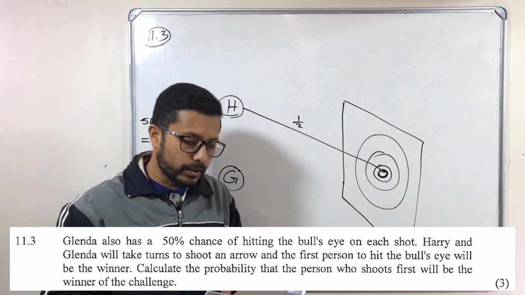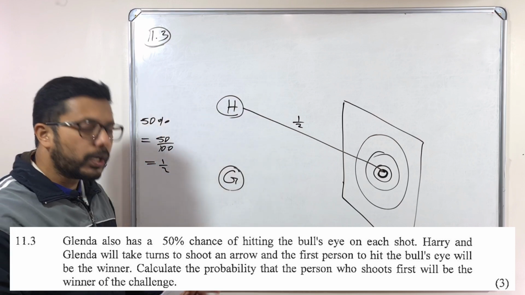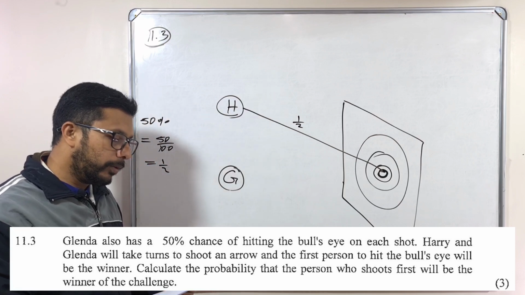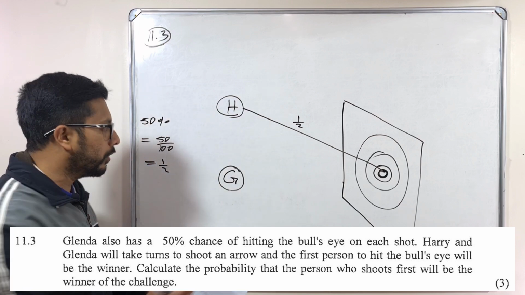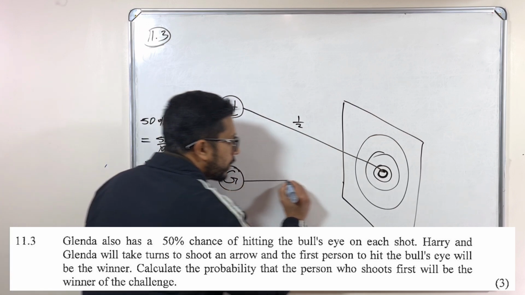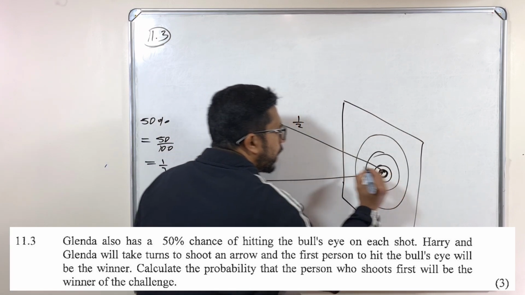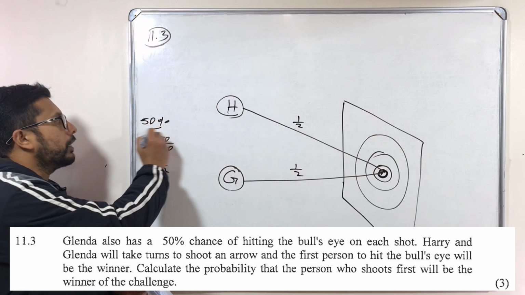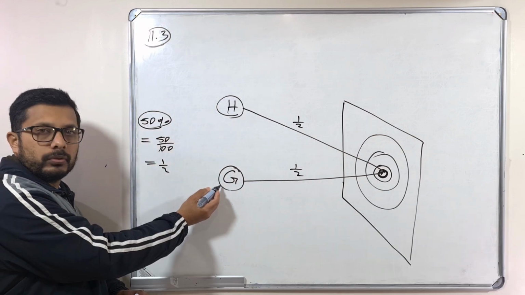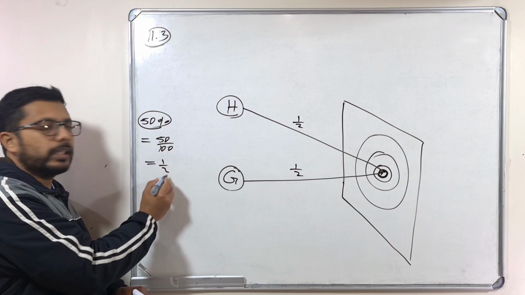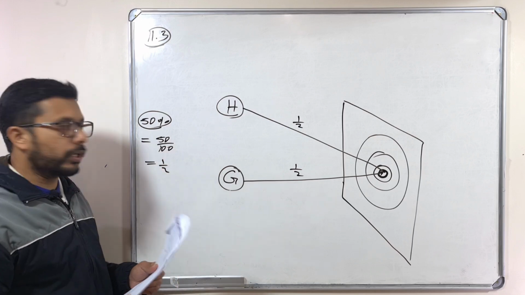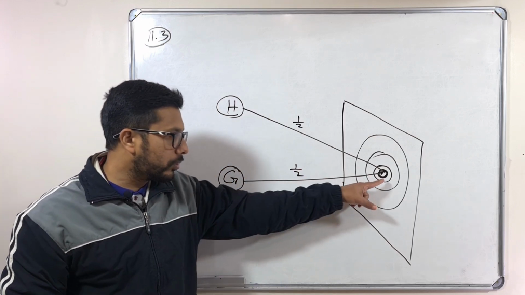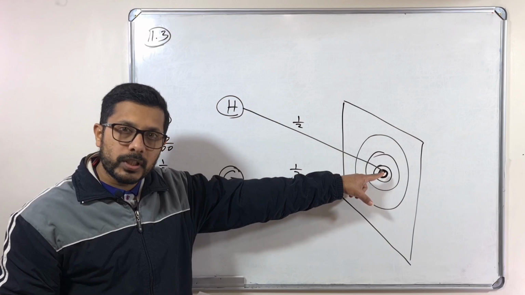Now look at this question. Glenda also has a chance of hitting the bullseye on each shot, and that is 50%. 50% for Glenda also. So 50% means 50 by 100, that is 1/2. So for Glenda also, what is the chance of shooting the bullseye?